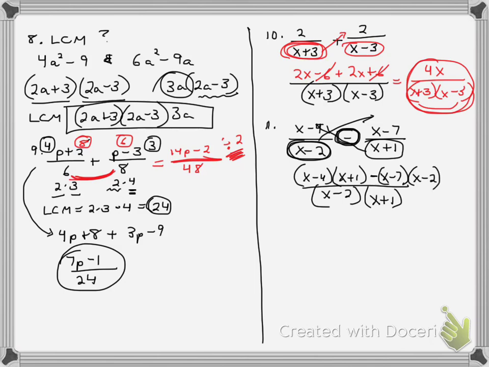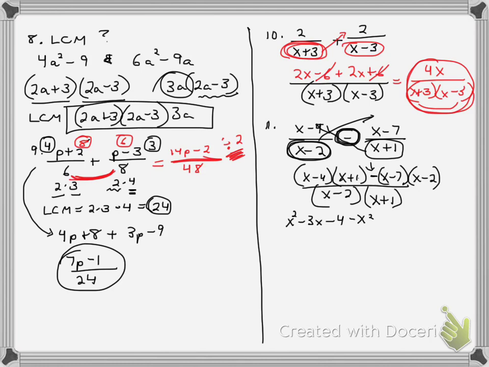Now when I FOIL it, I'm going to get x squared plus 1x minus 4x is minus 3x minus 4. On my right side, I'm going to get x squared, but now I'm going to pay attention to this, minus x squared.